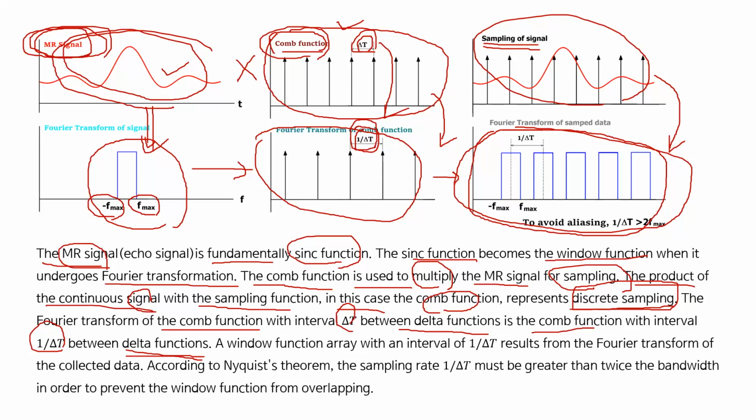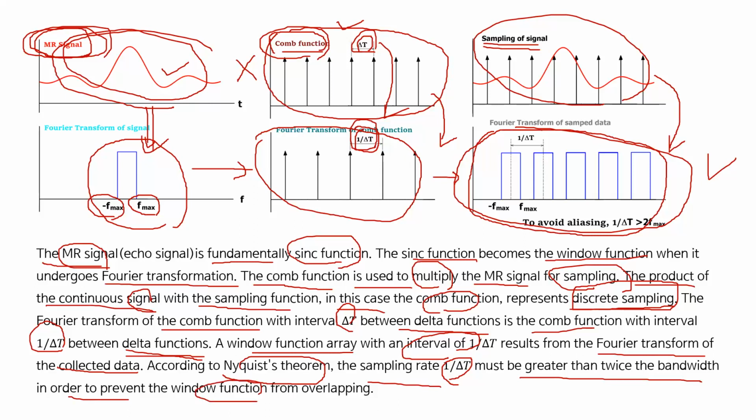The window function array with the interval of 1 over delta t results from the Fourier transform of the collected data. So this gives the series of window functions. According to the Nyquist theorem, the sampling rate 1 over delta t must be greater than twice the bandwidth in order to prevent the window functions from overlapping.